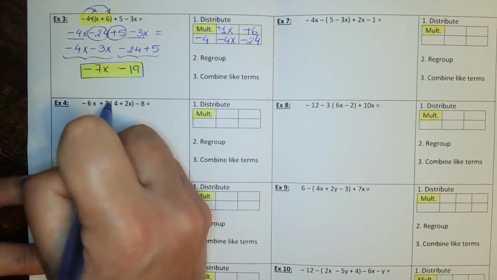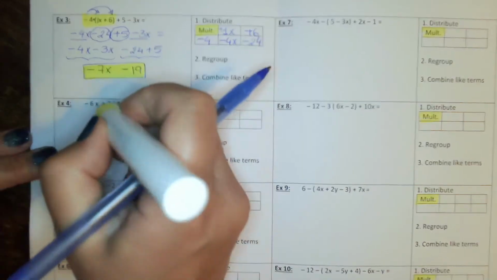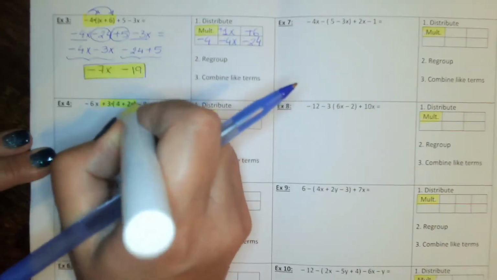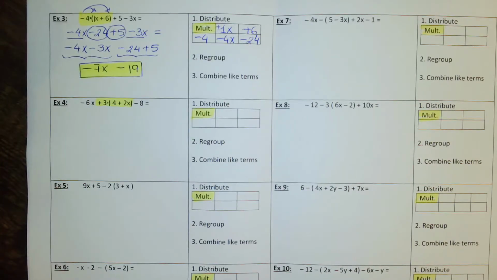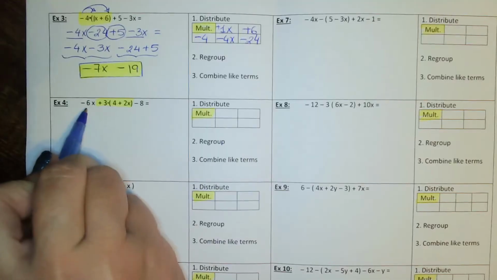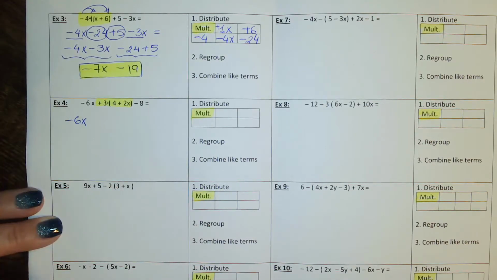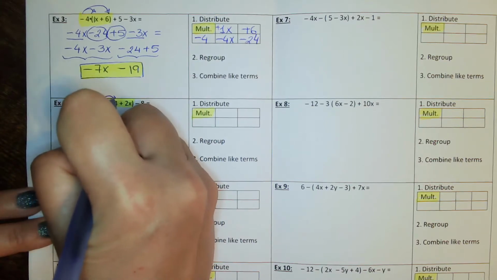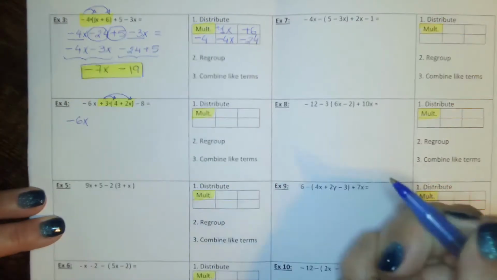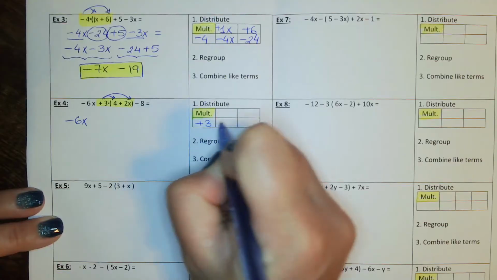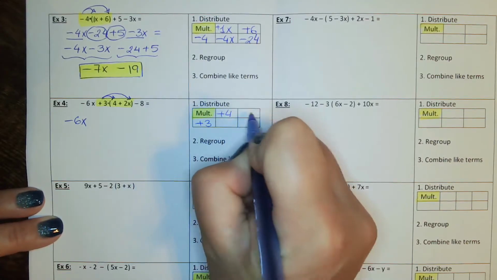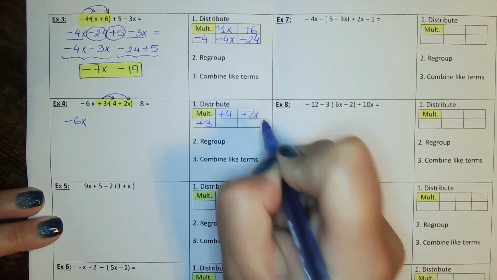Negative 6x plus 3, or positive 3, is the number being multiplied by the terms inside the parentheses. So negative 6x comes down, and then we need the answer for this distribution, where positive 3 is multiplied by positive 4 and positive 2x.